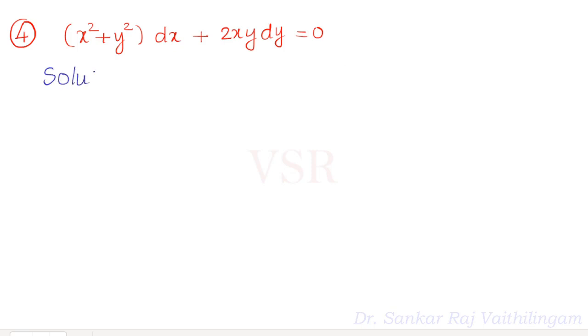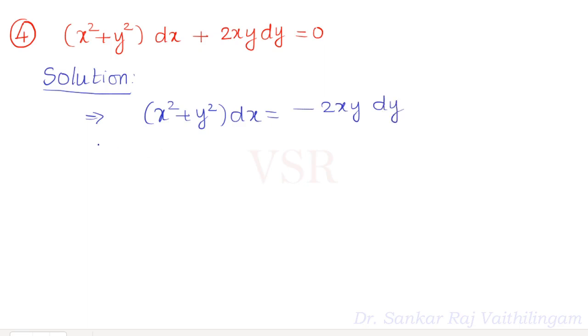சரி, கொஞ்சம் ஃபாஸ்டா போயிடுறேன். ஓகே, so what we'll have, this implies that (x square plus y square) dx is equal to minus 2xy dy. Okay, so this implies that dy by dx is equal to, இது இங்க வந்துரும்.